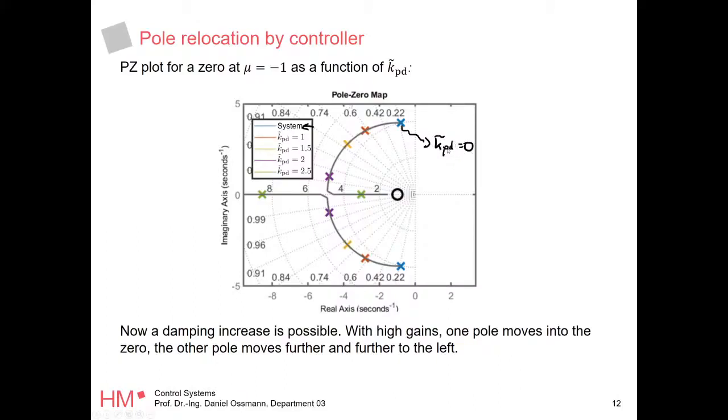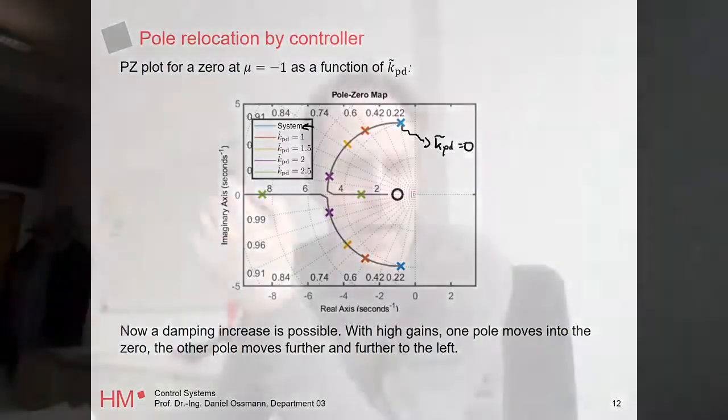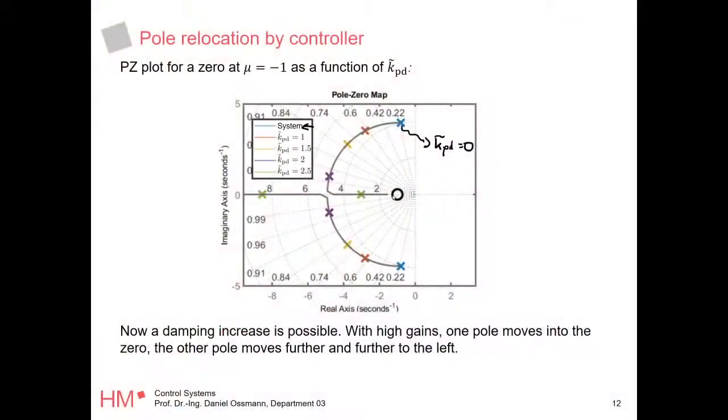So the question now is, okay, that's good to know, but our controller has 2 degrees of freedom, right? We also can change the 0, and indeed you can. If you change that 0, let's say to -4, the whole line will change, right?